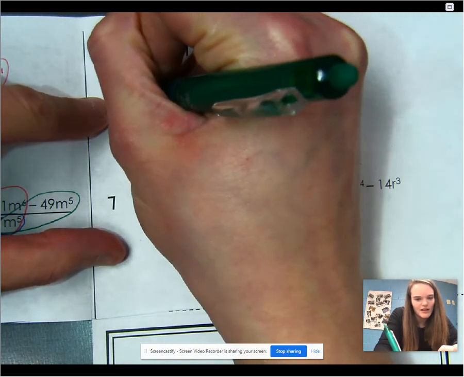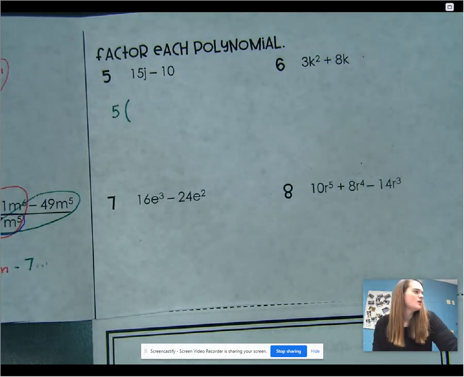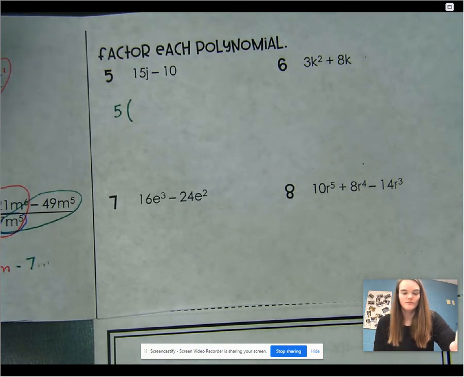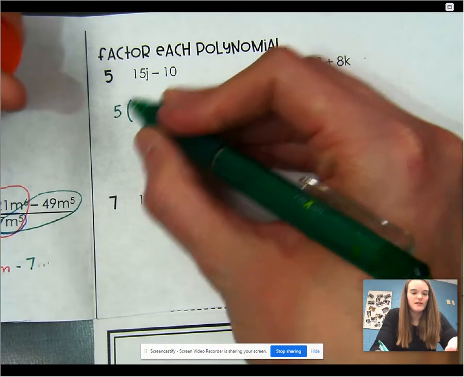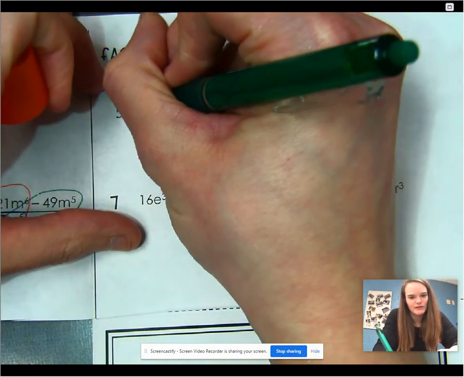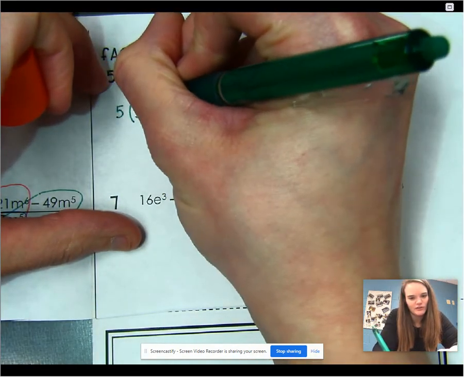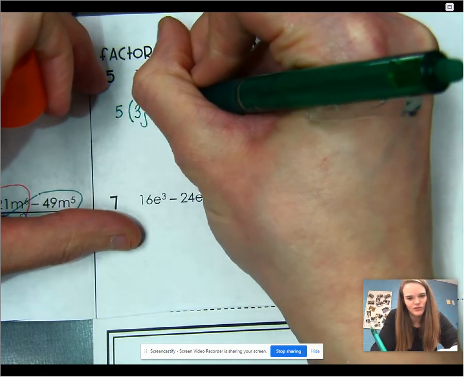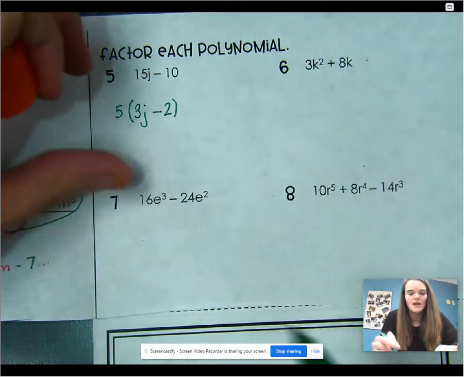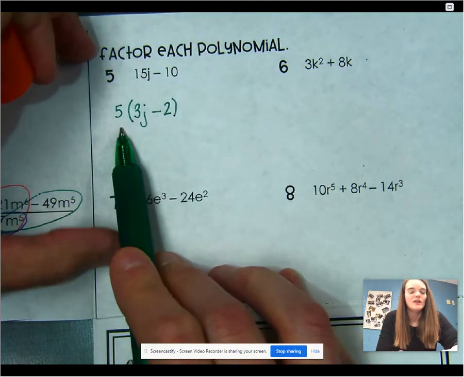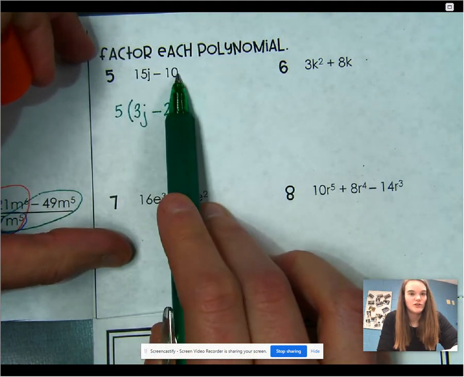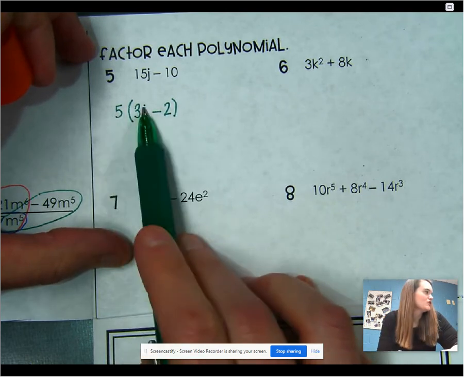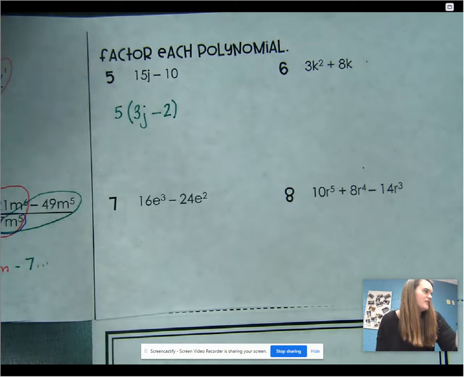Then, inside of a set of parentheses, we're going to divide each piece by 5. 15 divided by 5 is 3, but j still exists. Minus 10 divided by 5 is 2. This means that this factored is the same as 5 times 3j minus 2, because if I distributed this in, I would get 15j minus 10.